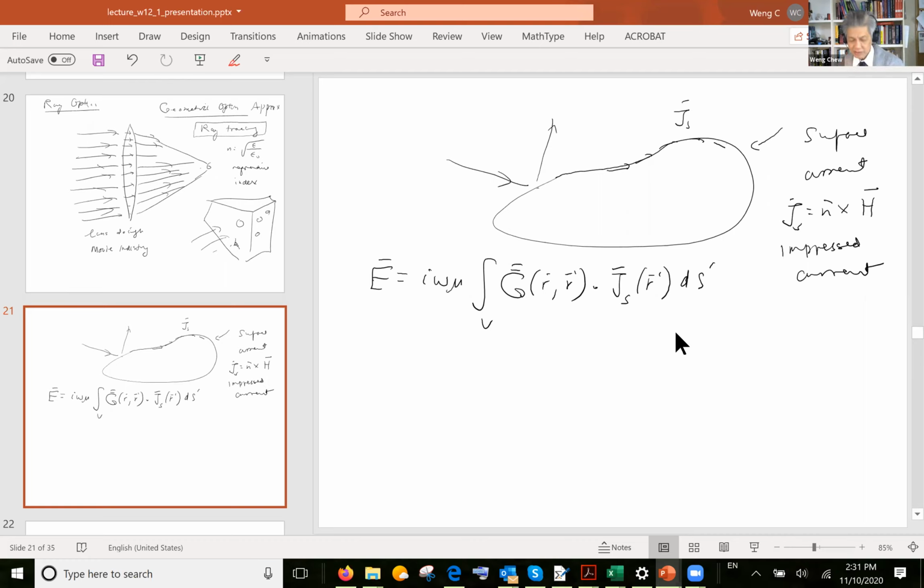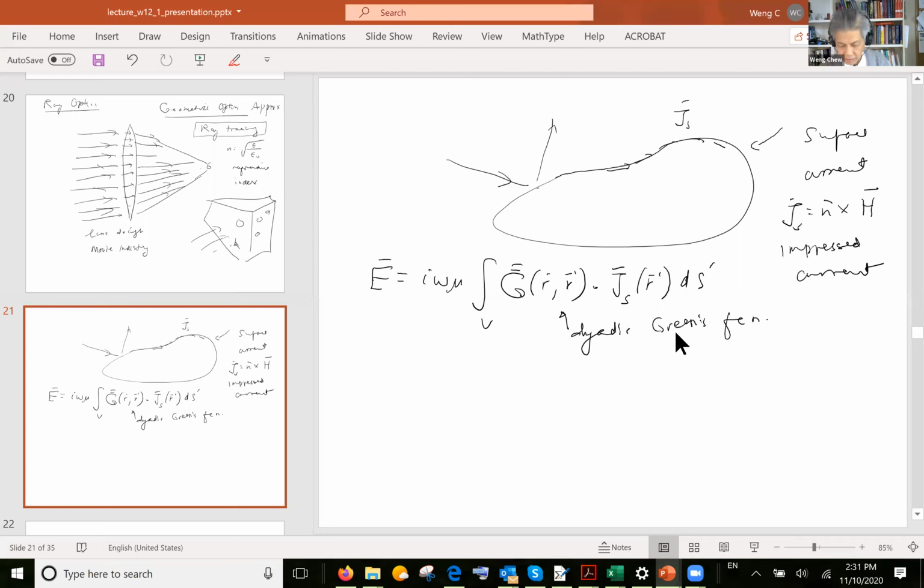Okay, so once you have the current, and if you know what the dyadic Green's function of the system is, conceptually it's very simple, but it's a bear if you have to do the mathematics behind it. And then you calculate the field.